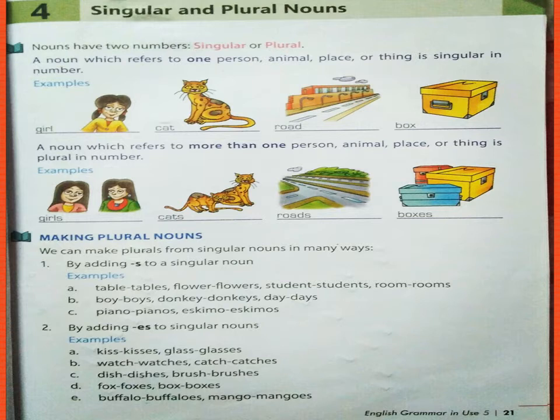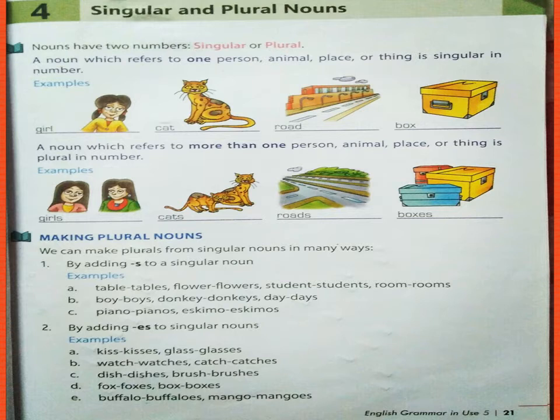Making plural nouns. We can make plurals from singular nouns in many ways. So first example is by adding s. If you look at the first picture, this is a girl. You call as girl. Second picture, two girls. You added an s to make it girls. So sometimes you can add s to make a singular noun to plural.